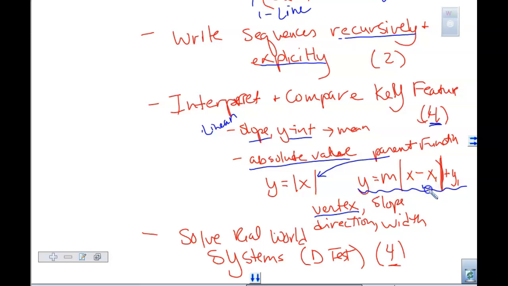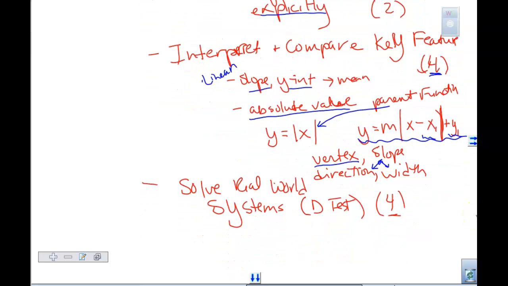Oh, that comes from the x1 and y1, right? I'm going to ask you about the slope, which tells us both the direction and the width. So that slope in front is going to tell me if it goes up or goes down. It's going to tell me if it's really wide or if it's really narrow. So those would be key features that I would ask for you to tell me about.